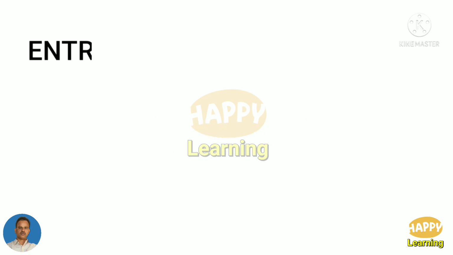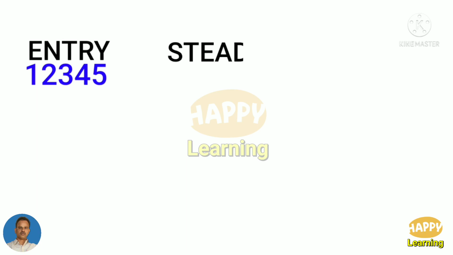Type 3. Entry is coded as 12345 and steady is coded as 931785. Entry is coded as 12345. That means E is coded as 1, N is coded as 2, T is coded as 3, R is coded as 4, Y is coded as 5.